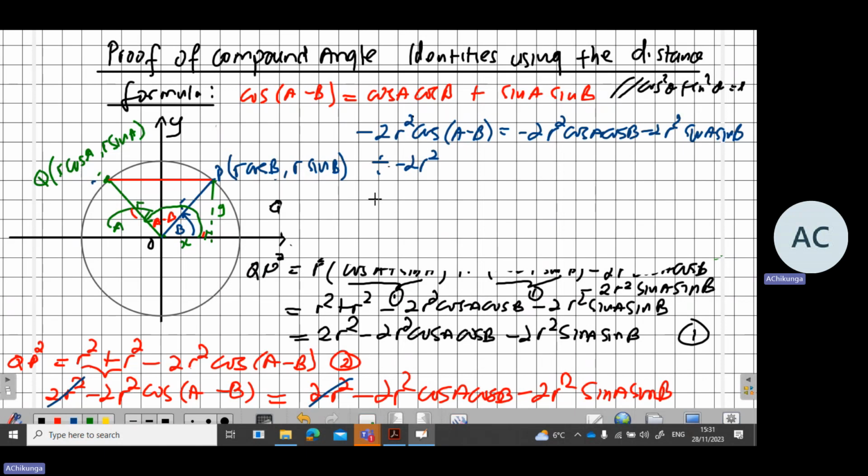Then what is left is cos A minus B is equal to cos A cos B plus, because I'm dividing with a negative here, sine A sine B, as required.